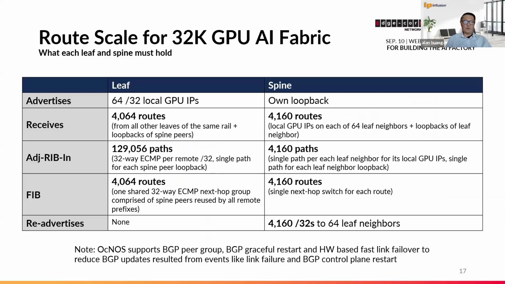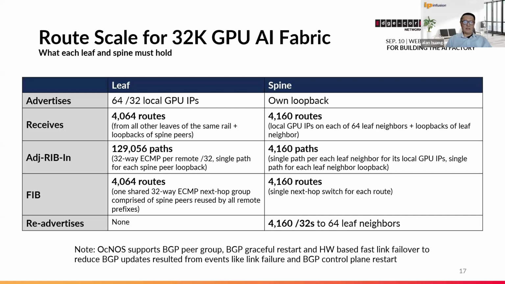Now, as mentioned in the previous slide, the scale for each leaf and spine switch is significantly reduced thanks to the rail separation. The table in this slide lists the resultant scale for a network that supports 32K GPUs, which is a relatively high number.